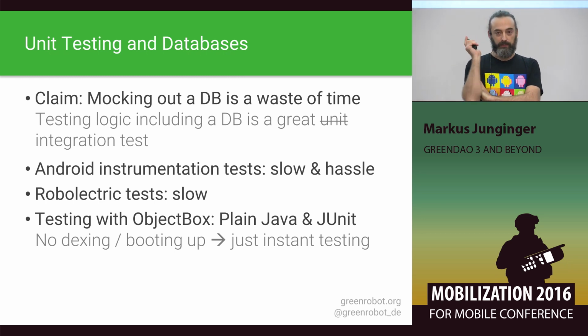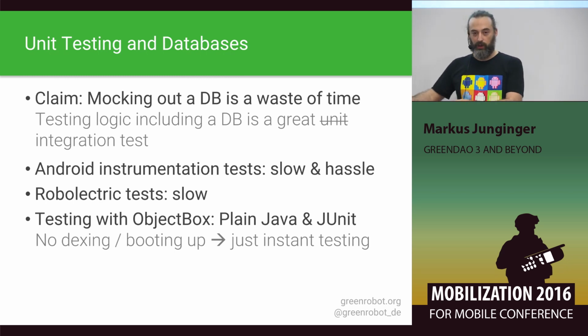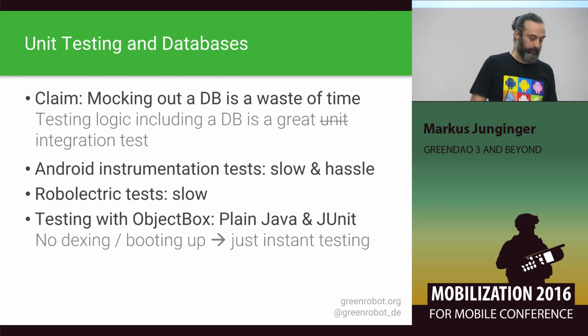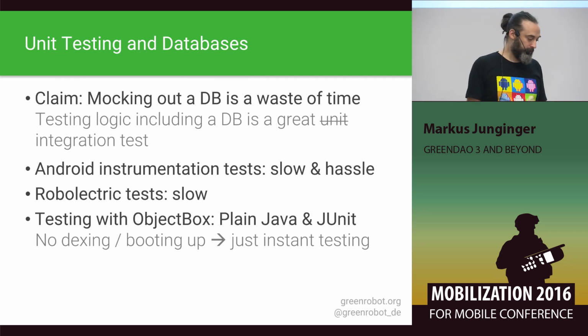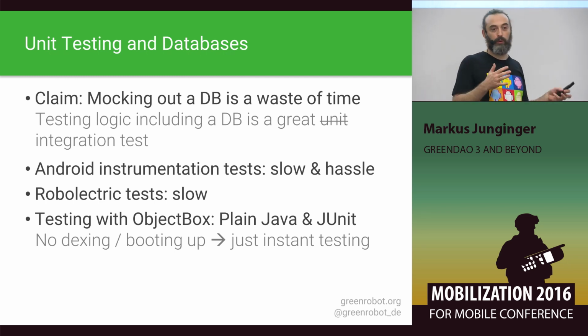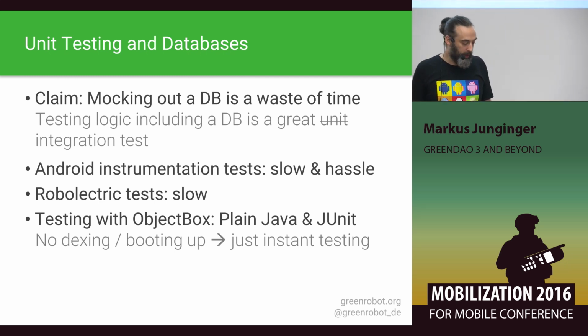So with testing, when I do projects, I don't like to mock out the database or whatever. It's just too much effort for me. So what options do we have? We can do Android instrumentation tests. Those need a device and so on, and it's really slow, compile time, indexing.